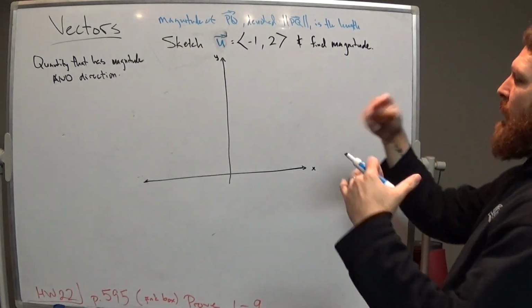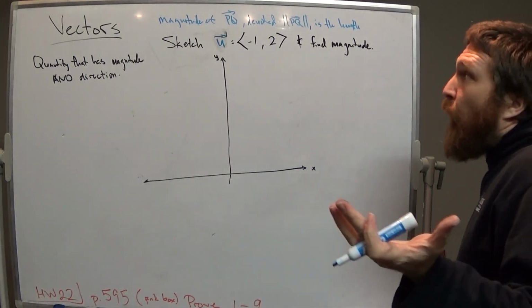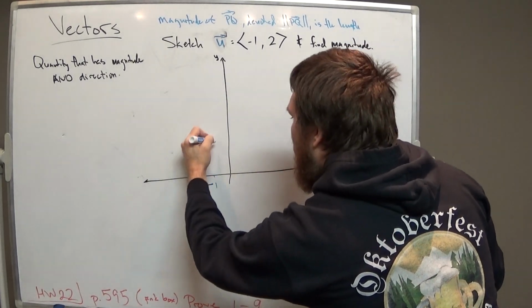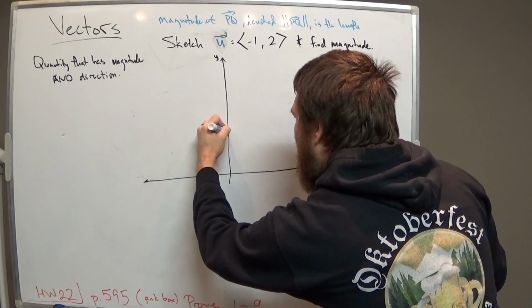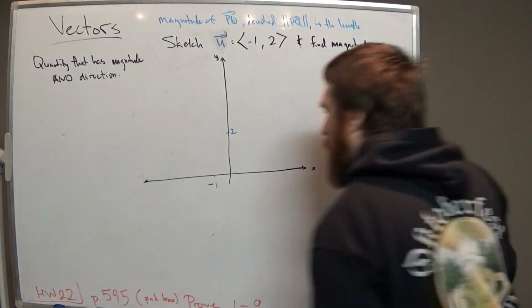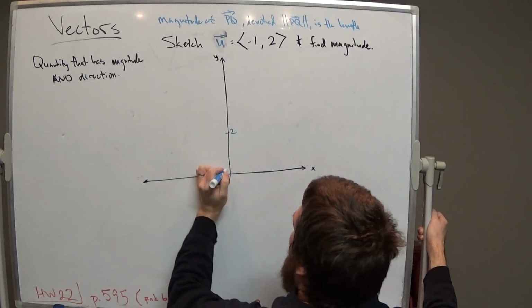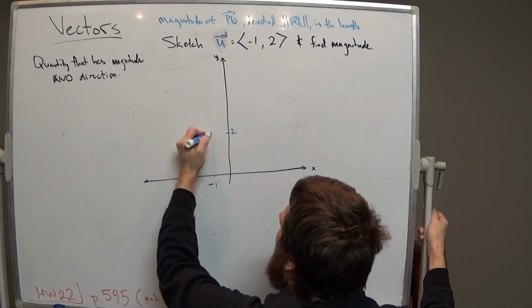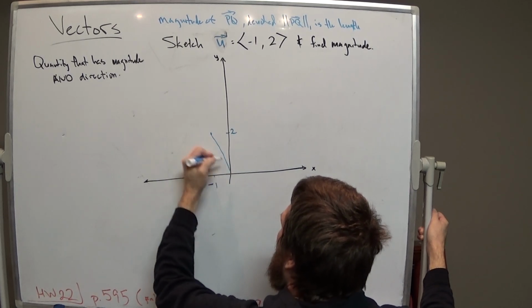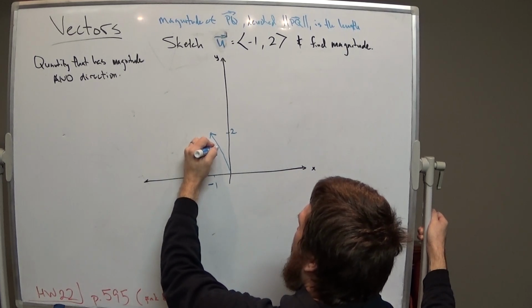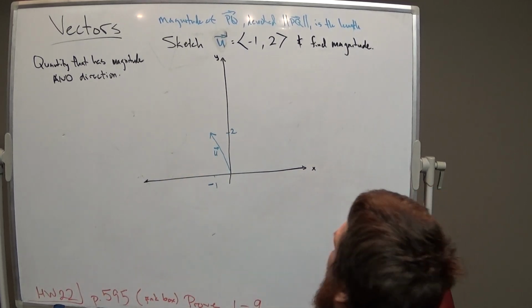So (-1, 2), this is just the point (-1, 2). It's not hard to do, right? There's minus 1. If that's 1, then maybe that's 2. Yeah, that looks right. And it's just the line segment that goes from the origin up to that point. Just like that. So there's my vector u. I'm going to label it u. Just like that. Okay?